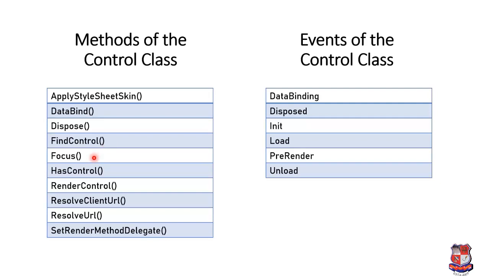It helps us in setting input focus on a control. Next is HasControls. It helps in determining whether or not the server control contains any child controls. Next is RenderControl. It stores the tracing information about the control if tracing is enabled.